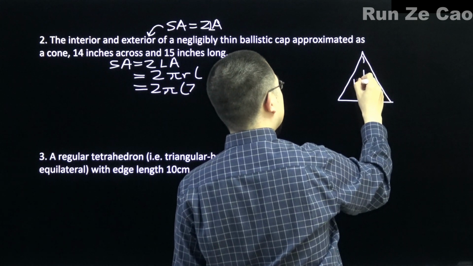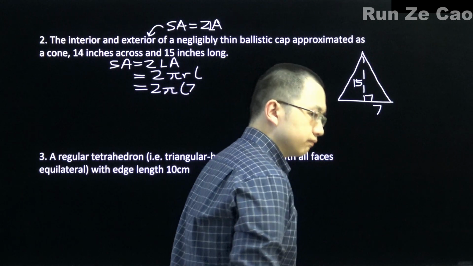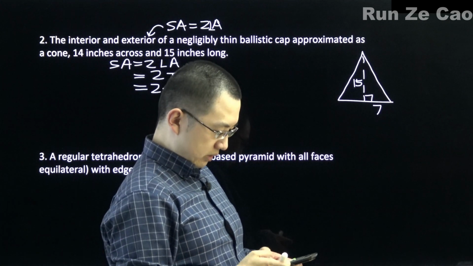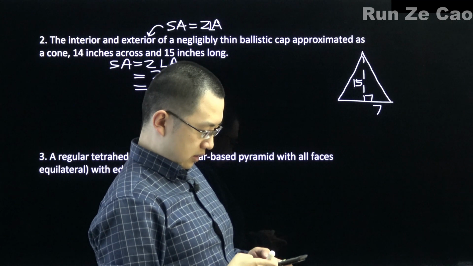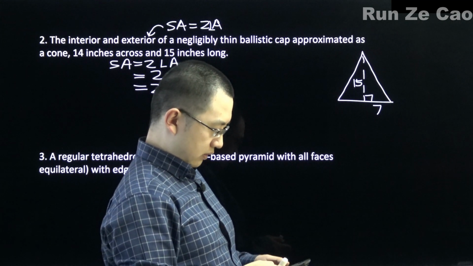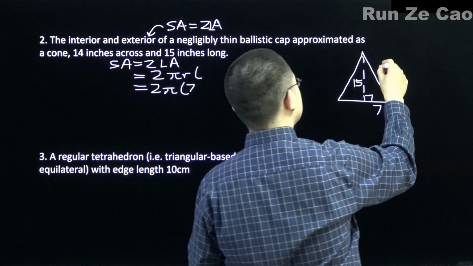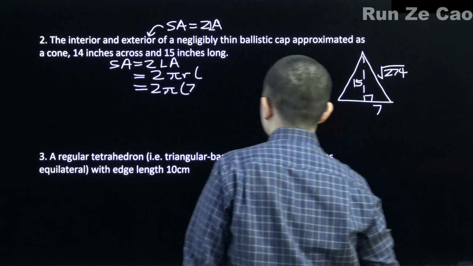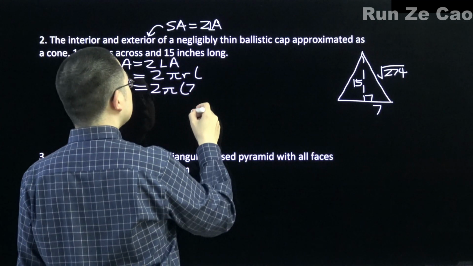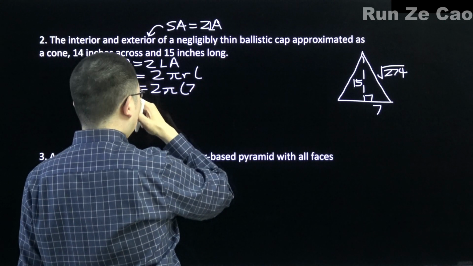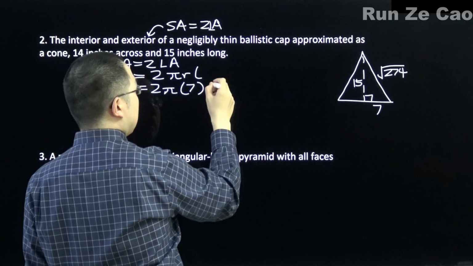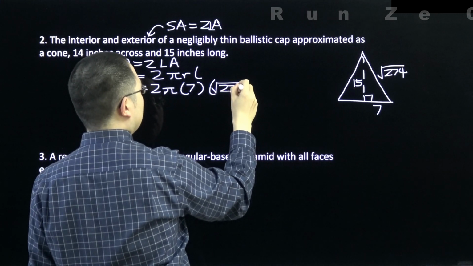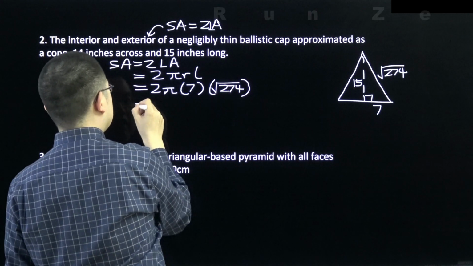And this is 15. 15 squared plus 7 squared, 274, root 274. Pythagorean theorem, hurrah. So, radius is 7, and then that's root 274 for the slant length.